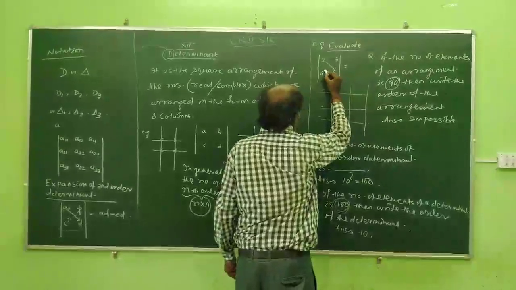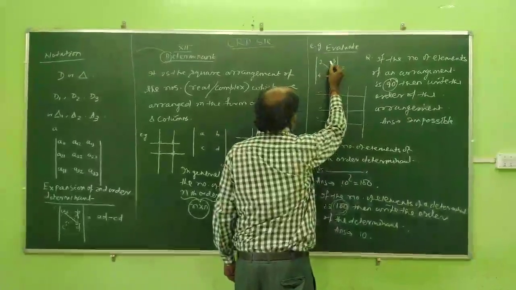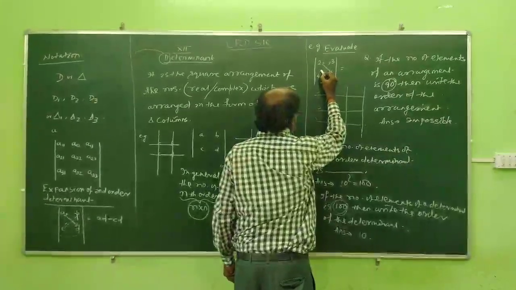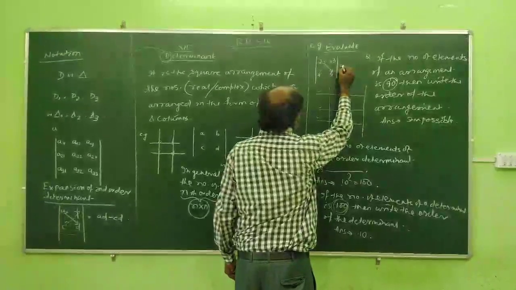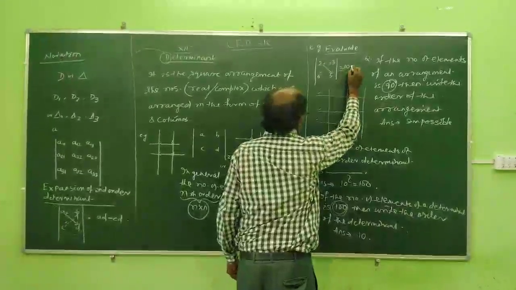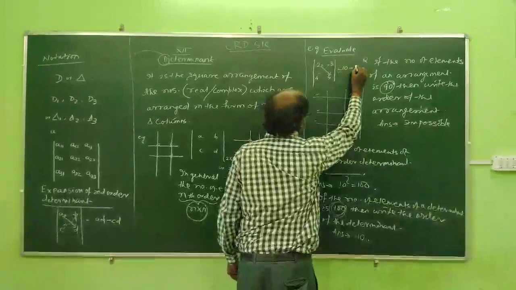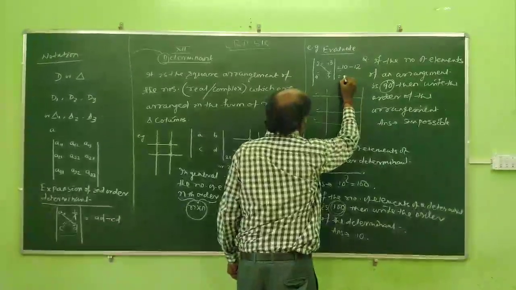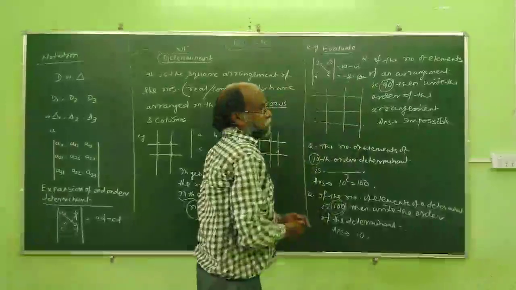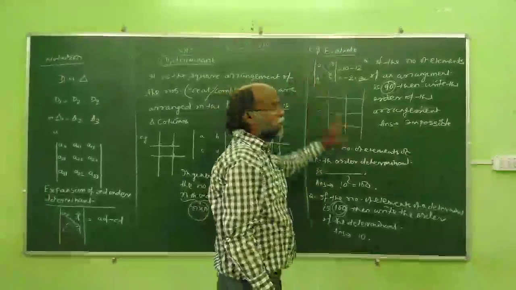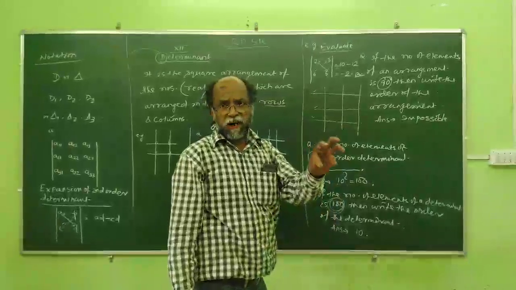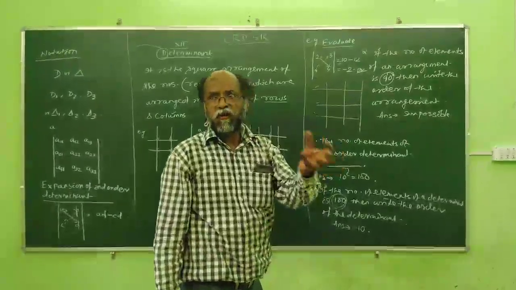Here also put a dotted arrow. Deep arrow stands for plus. Dotted arrow stands for minus. So what is the value here? 2 into 5, that is 10. Minus 4 into 3, 12. So what is the value? Minus 2. Answer.